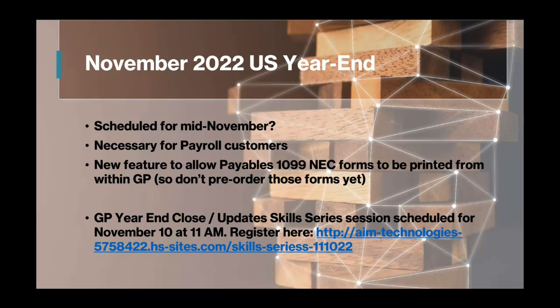They've finally added that feature in, but it's only on the NEC forms as of this time. So that'll be coming out in November. For all of you that do handle your 1099s out of Great Plains, don't pre-order those forms yet. If we can get you onto that year-end release, you should be able to print those straight out of Great Plains on your plain paper.